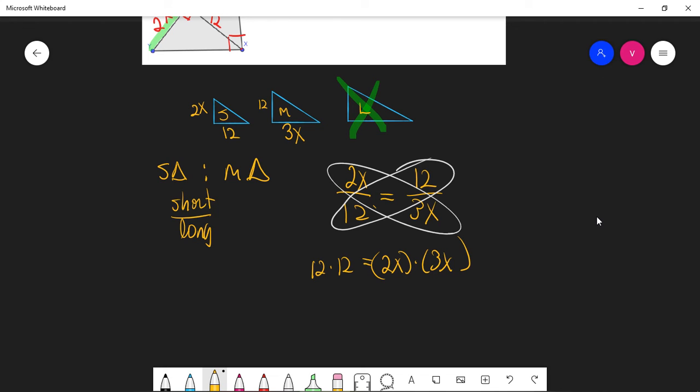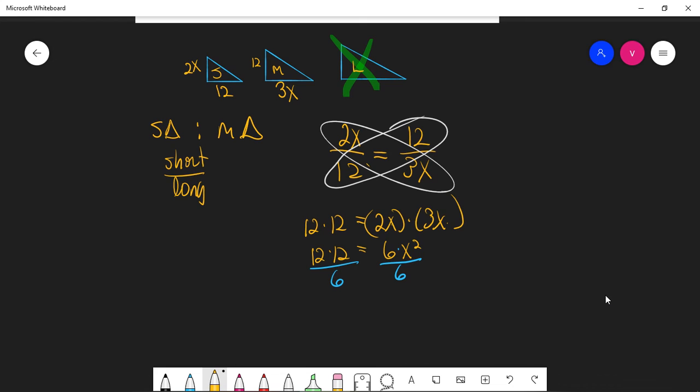So 12 times 12, I might just leave that there, is equal to 2 times 3 is 6, and x times x is x squared. Okay, so let's now just get the x's by itself by dividing by 6, right? That's 6 times x squared, so we'll do the opposite, which is divide by 6.